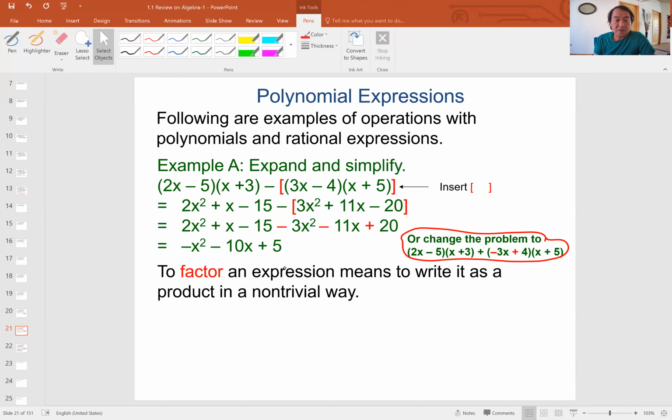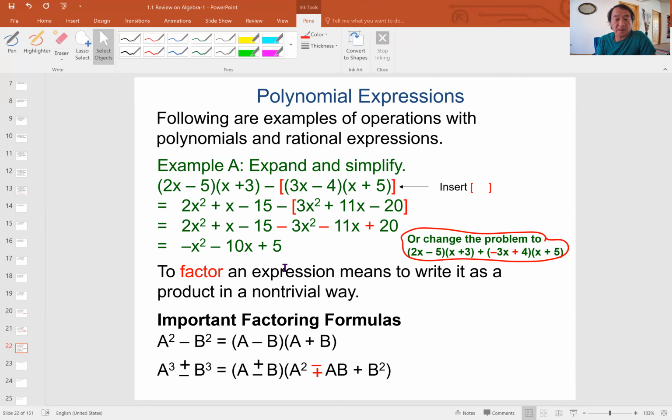One of the most important steps we do to an expression is we factor. We write it as a product. These are some factoring formulas. So for example, x squared minus 4.